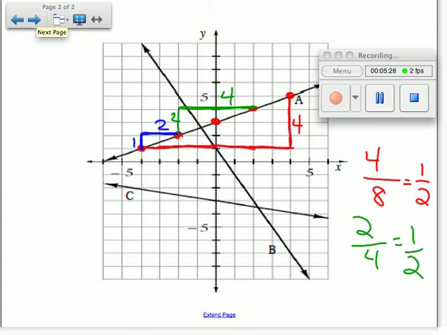Let's look at this line. From left to right, it is going in an up direction, therefore it is a positive slope. So we would say the slope of A equals 1/2. Now I'm going to erase all this.